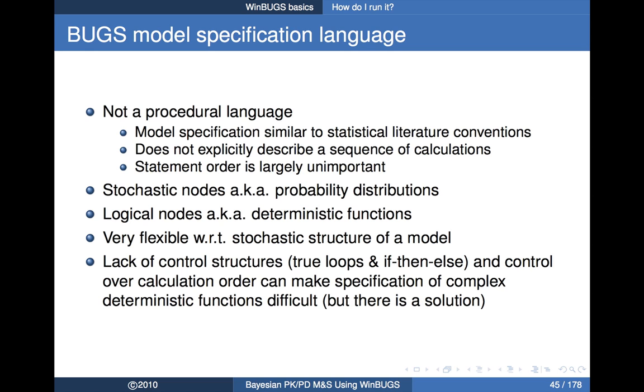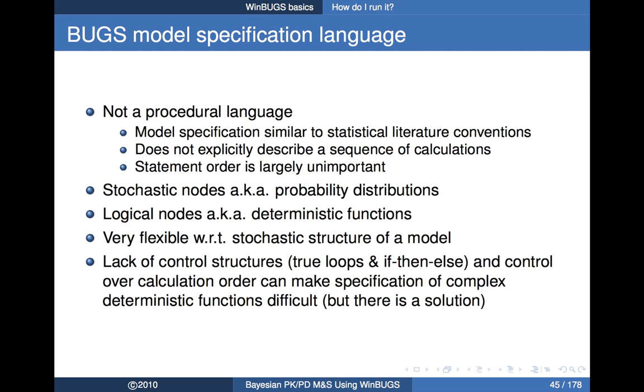A little bit about the BUGS model specification language. Some aspects are likely to feel unfamiliar to most of you because it's not a procedural language like Fortran or C, or even the sort of pseudo Fortran that NMTRAN uses. Those are all languages that could be called procedural languages.